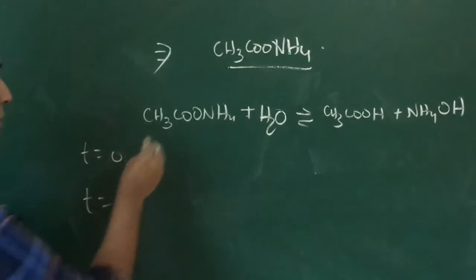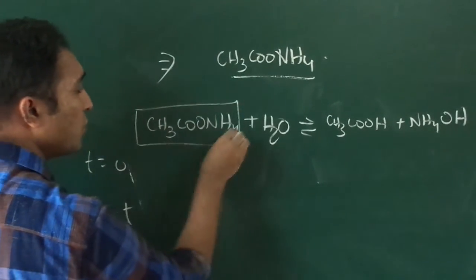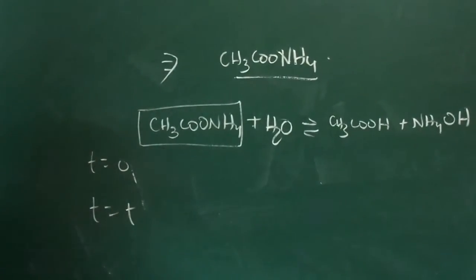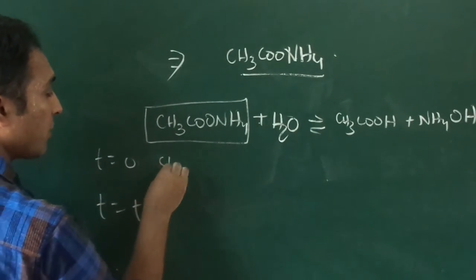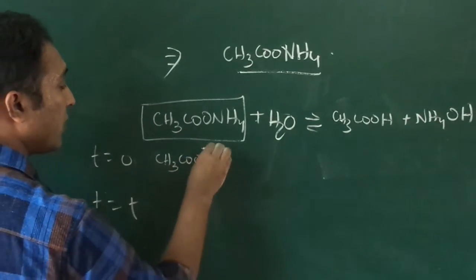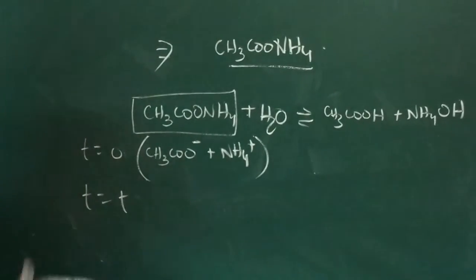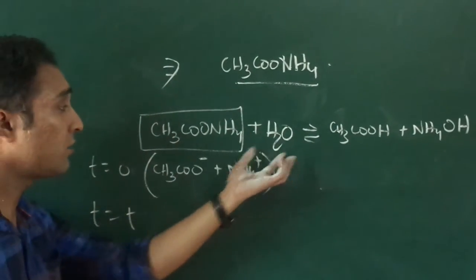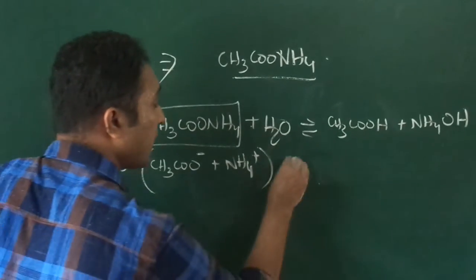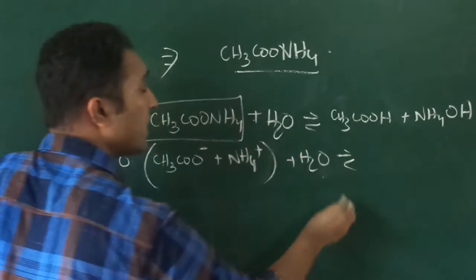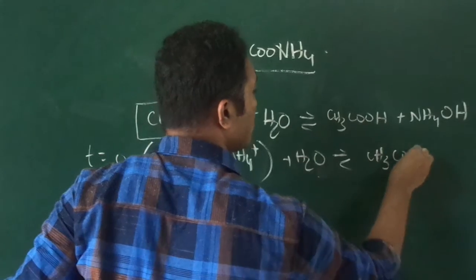Just for a moment think about it. This comprises two ions which are weak, so both of them are going to hydrolyze, we don't know yet. So here what we are going to do: CH3COO minus plus NH4 plus. What did we follow? We followed a very basic concept that a salt when dissolved in water dissociates, and thus we write H2O. Now here it will be much easier for you.